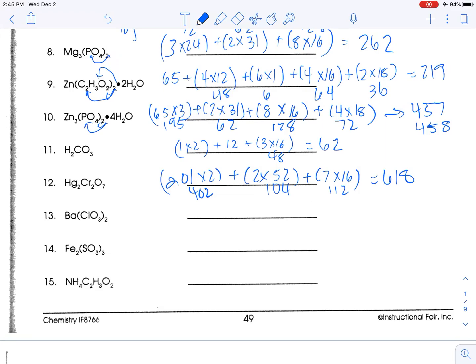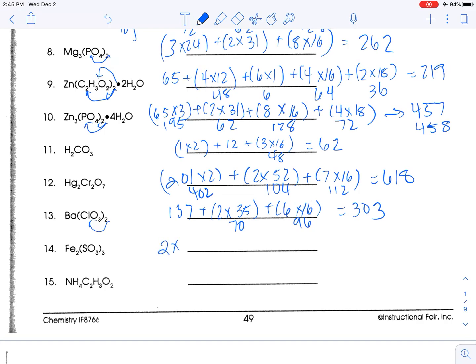Okay, home stretch. Barium is 137. There's only 1 of them. Okay, so distribute 2 chlorines, and they're each 35. And 6 oxygens, and they're each 16. So 35 times 2 is 70. And 16 times 6 is 96. 137 plus 70 plus 96. 303 grams per mole. Iron is 2.